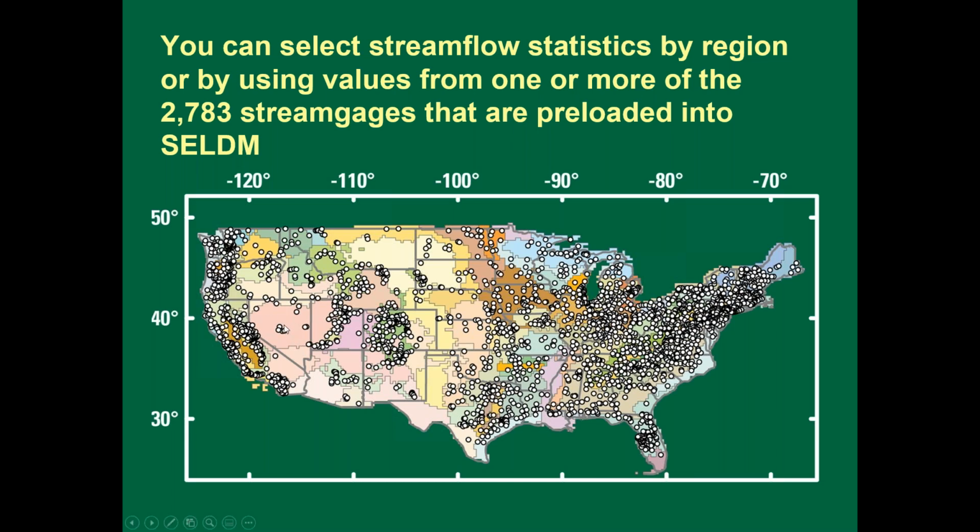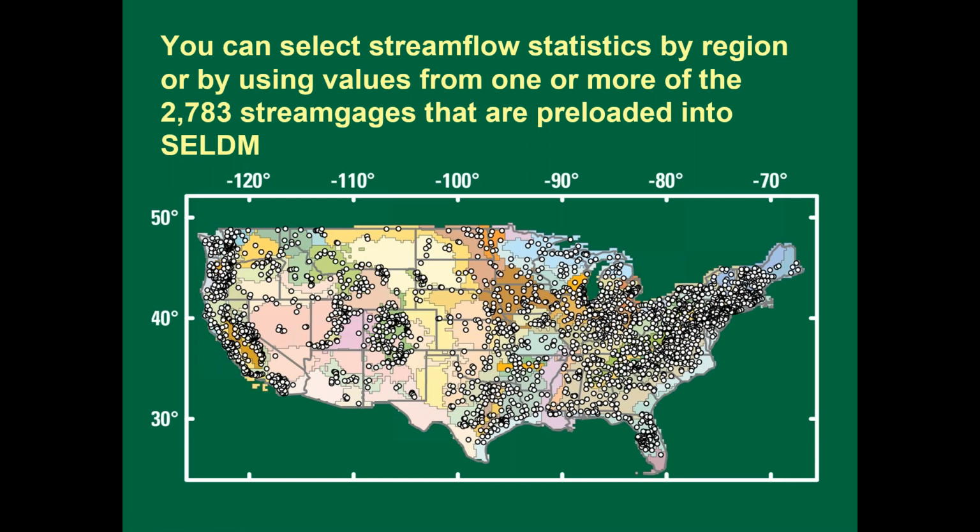But if I'm here in Nevada, I can use the average or median stream flow from the Basin and Range ecoregion, which is this pink polygon, or I can use the average or median of these four or five sites here near my site of interest. But when I'm looking at these particular sites, I want to see which one might be most representative of the site I'm looking at.